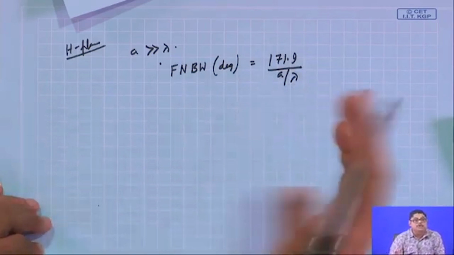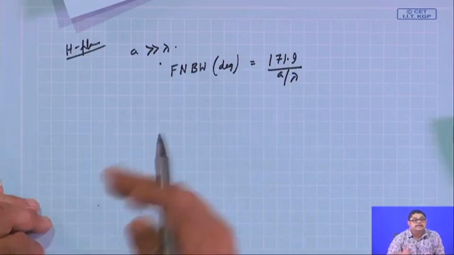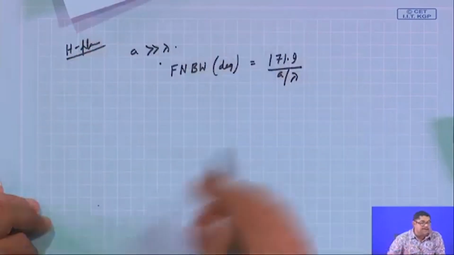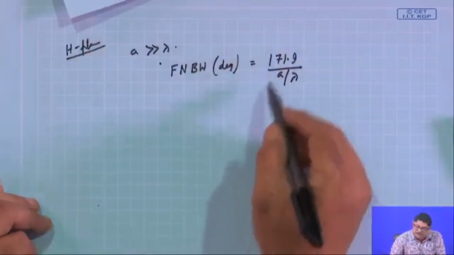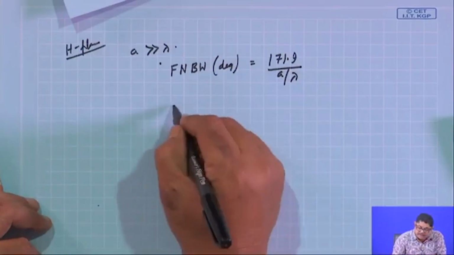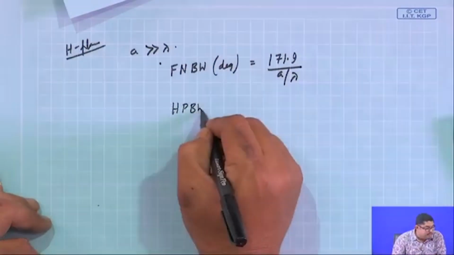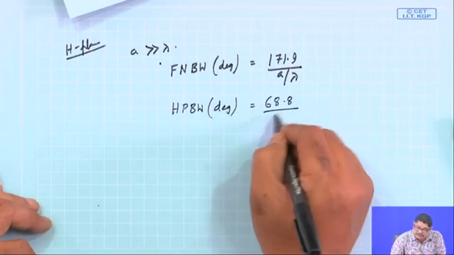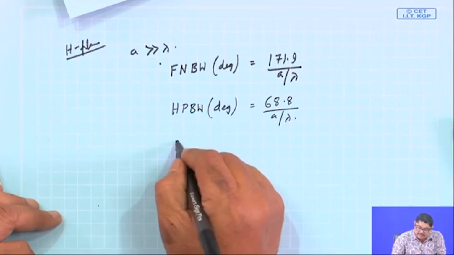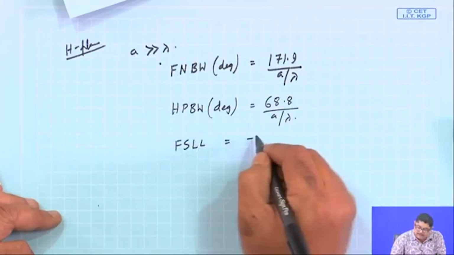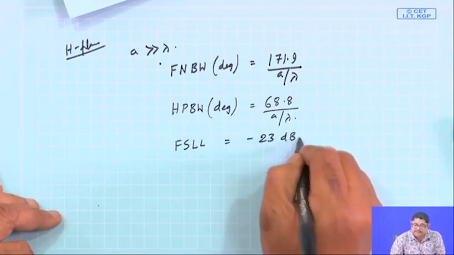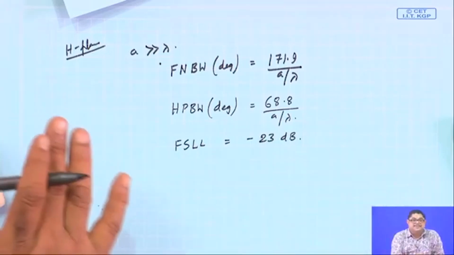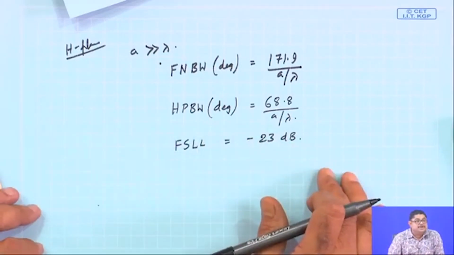You see that in the previous case, for the Fourier transform thing, we said that this first null beam width is very broad, almost like 180 degrees. Similarly, half power beam width in degrees will be 68.8 by a by lambda. First side lobe level is minus 23 dB here. So, you see that this thing we claimed in the case of reflector antennas. Now, it is being proved.